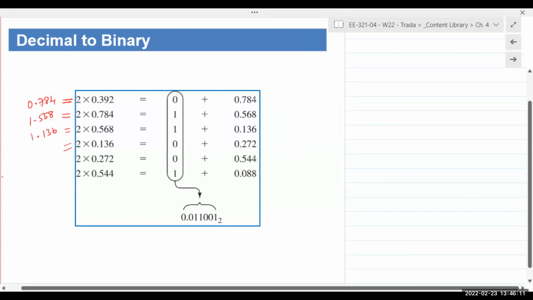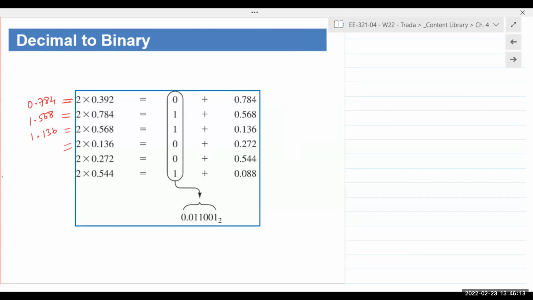And this, you're going to read top down. So you get 0.011001. For the real portion, you actually read from bottom to top, bottom up. This is top down. Okay, top down, bottom up.